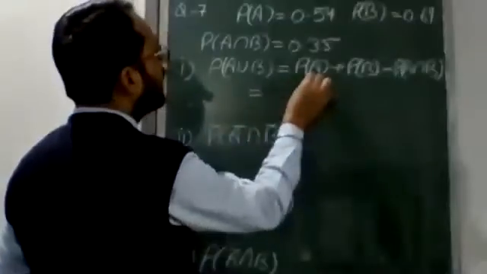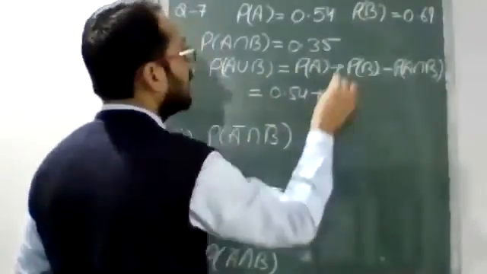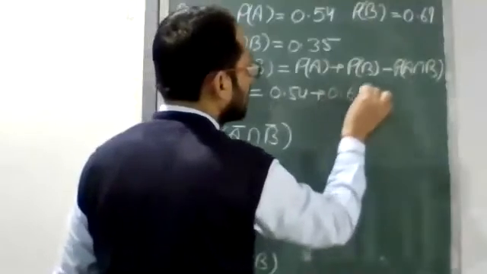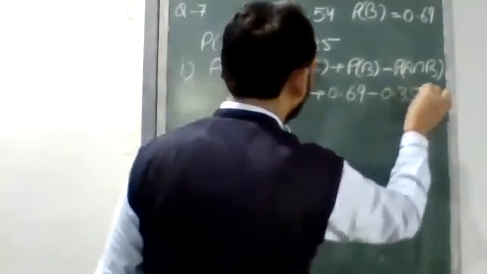So it will be P(A) 0.54 plus P(B) 0.69 minus 0.35.